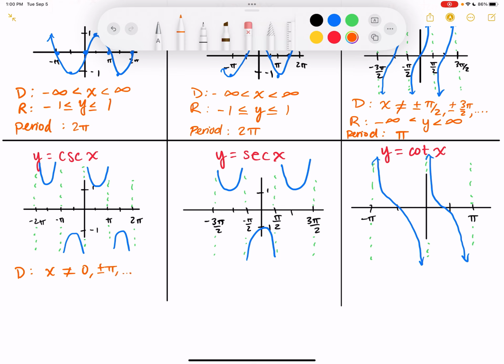So any increment of pi cannot be in the domain. Range, y less than or equal to -1, y greater than or equal to 1. Period is 2 pi.